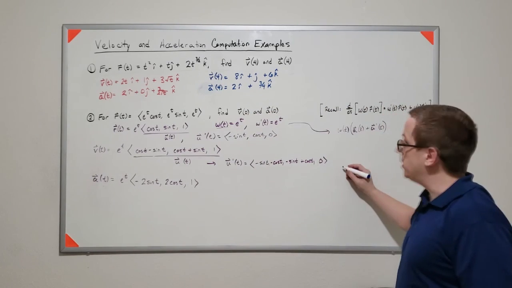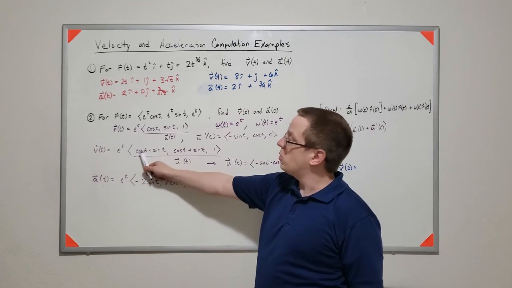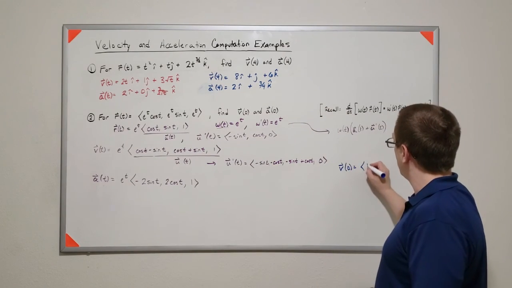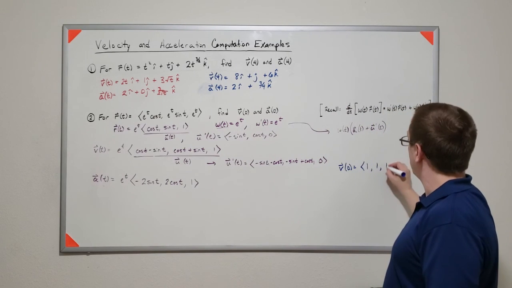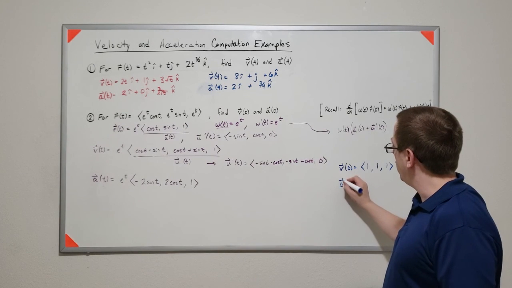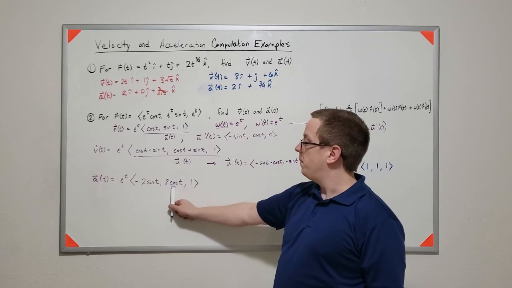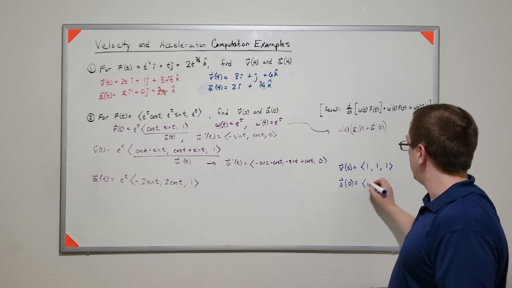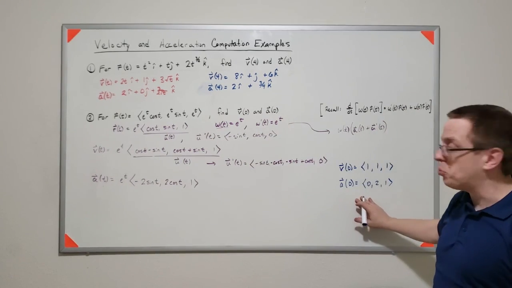So then v of 0 is cosine of 0 is 1, sine of 0 is 0, cosine of 0 is 1, and of course 1 is 1. And then your acceleration at 0, well that's 0, that's 2, because that cosine of 0 is 1. So all that work simplifies pretty cleanly here.